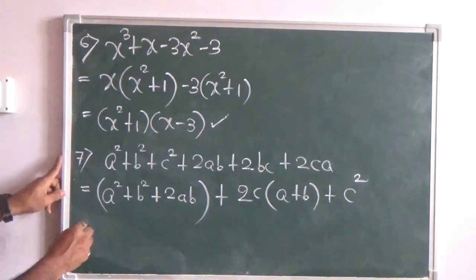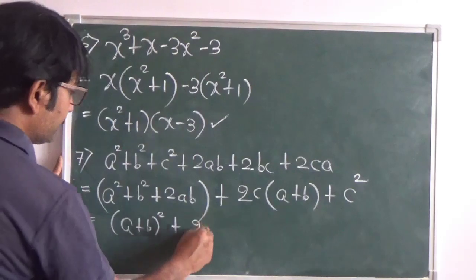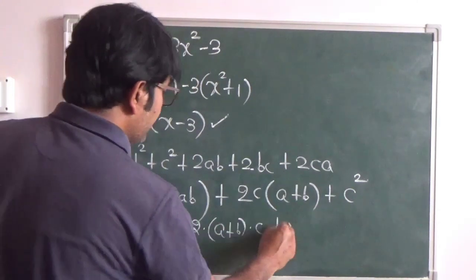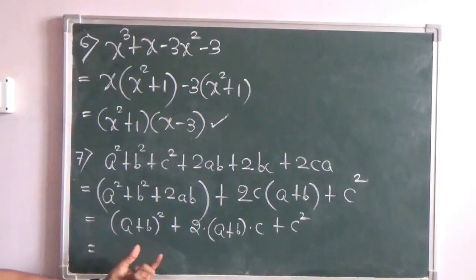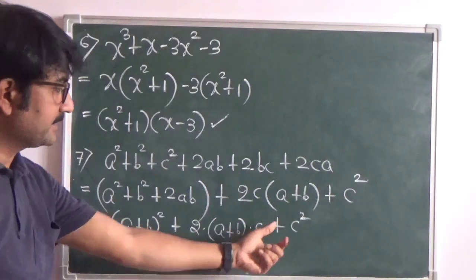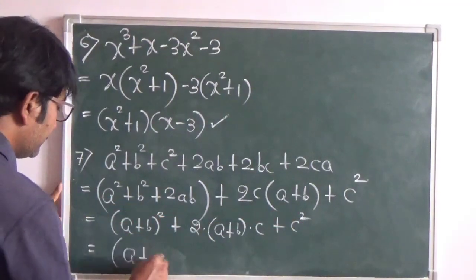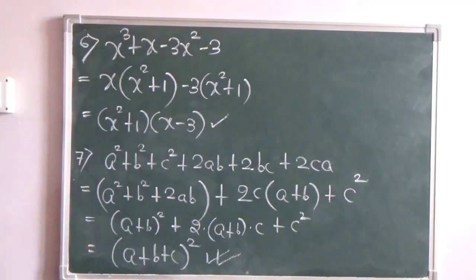So it is (a plus b) square plus twice into (a plus b) into c plus c square. So it is a plus b plus c whole square. Okay.